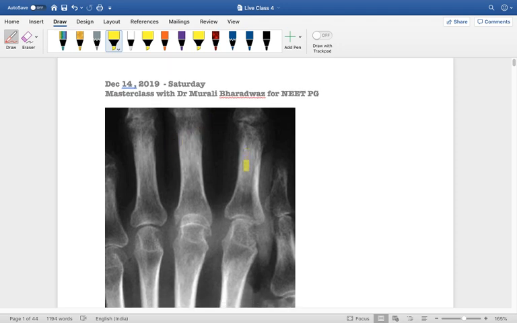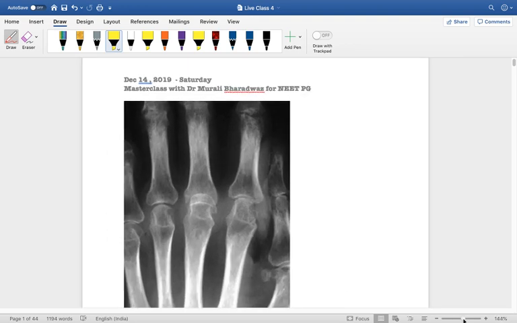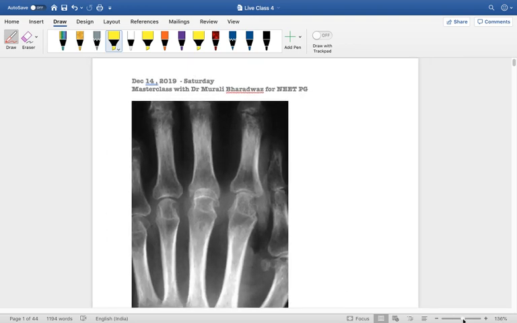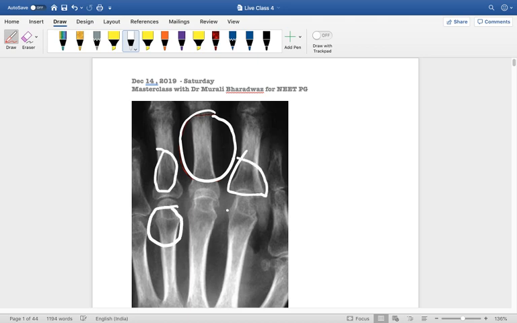Now, what are you seeing, doctor? You are seeing periarticular osteoporosis. So you should remember, what you are able to see here is the osteoporotic zone, and these osteoporotic areas are adjacent to the joints.